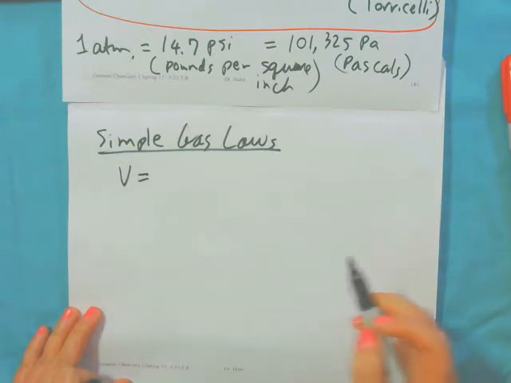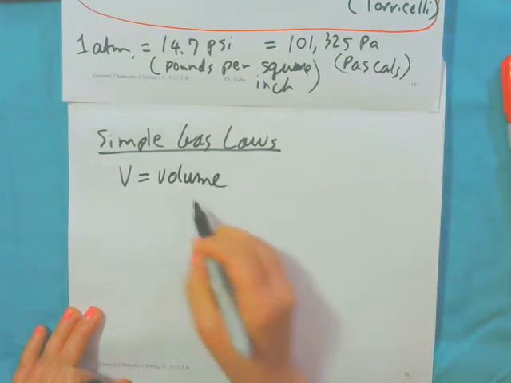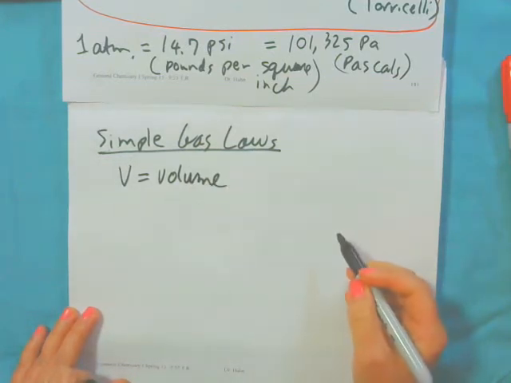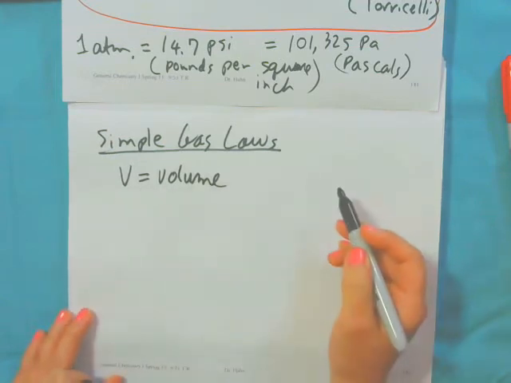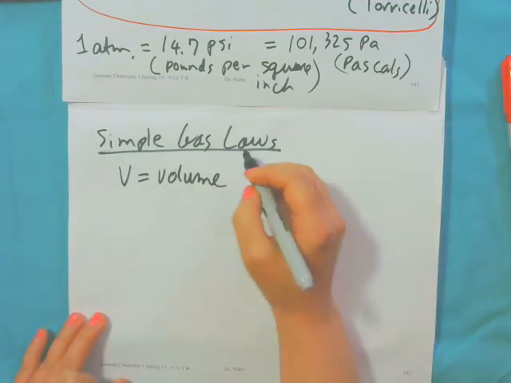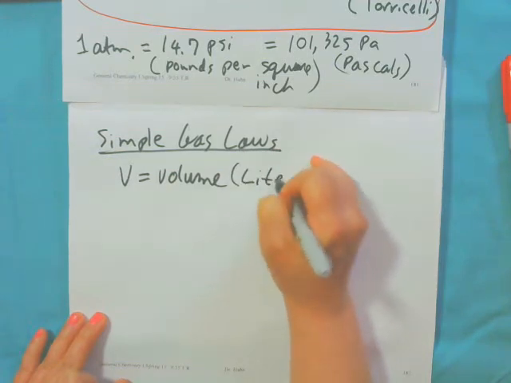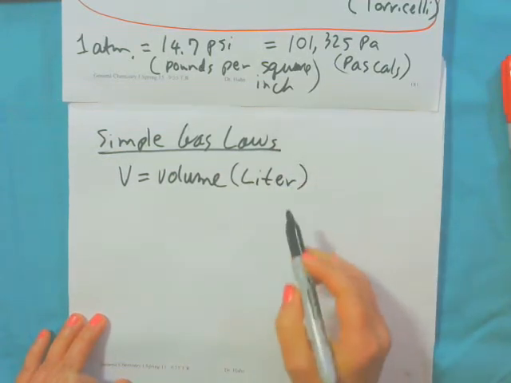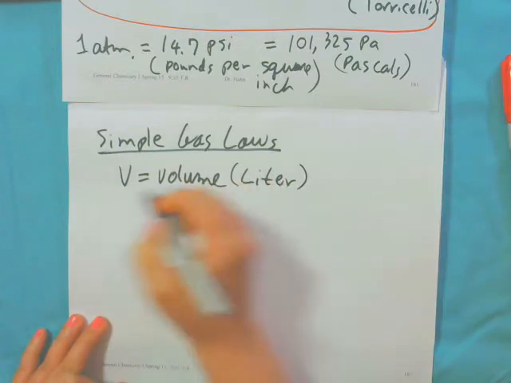So one of the things that we find in our simple gas laws is V for volume. And really, even if you don't have memorized that V is equal to volume, it's kind of obvious. V, the very first letter of the word volume, is the symbol for volume. And these are usually given in units of liter. For the purposes of solving gas laws, they are almost always exclusively in units of liters.